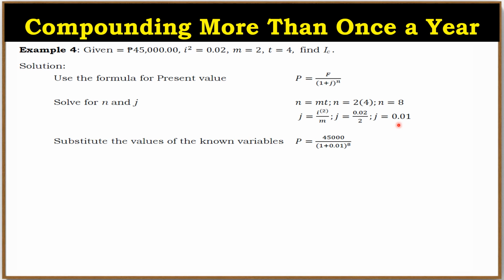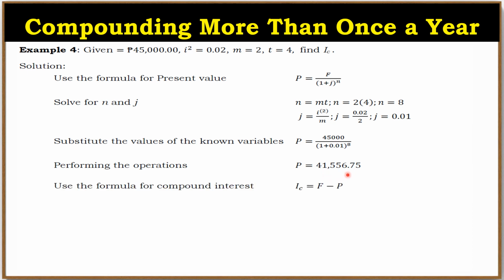Now we have the given future value, which is 45,000, and our j, which is equal to 0.01, and our n, which is equal to 8. So our present value is equal to 41,556.75.